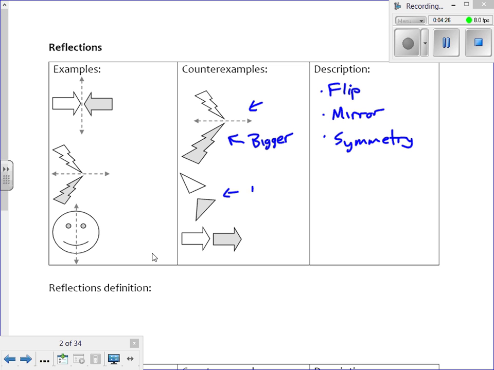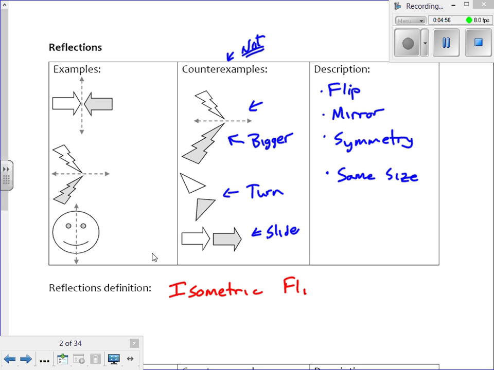Here again, it looks like we have a turn. And this would be some type of slide. So these are all not reflections. And so what we can pull from this is it looks like a reflection, it just flips it over, and similar to the translation, we have the same size. Or the kind of big buzzword for us is isometric. So this is just an isometric flip.